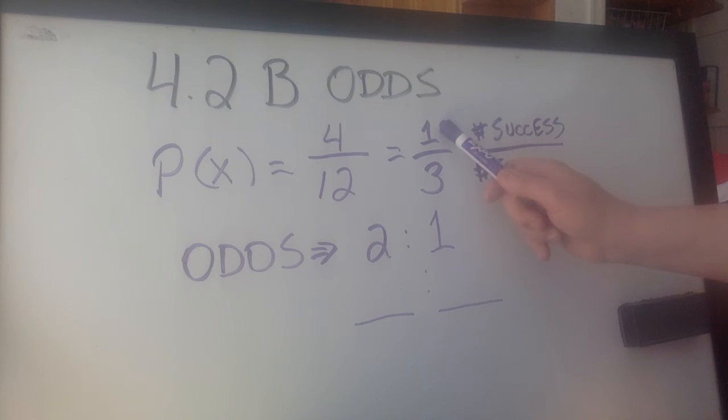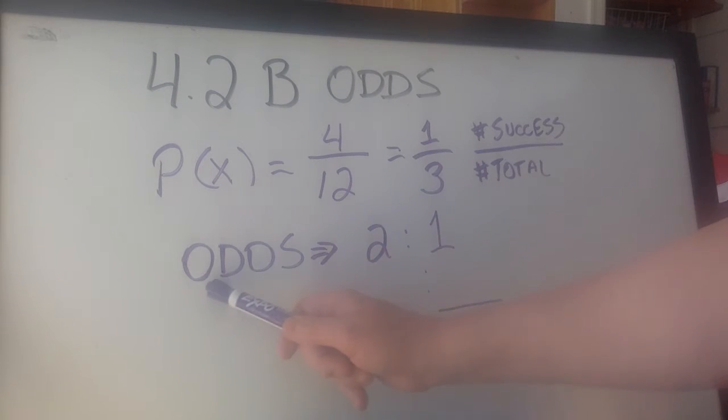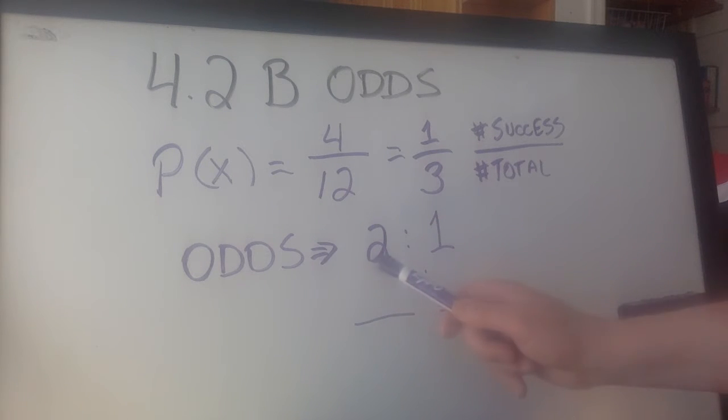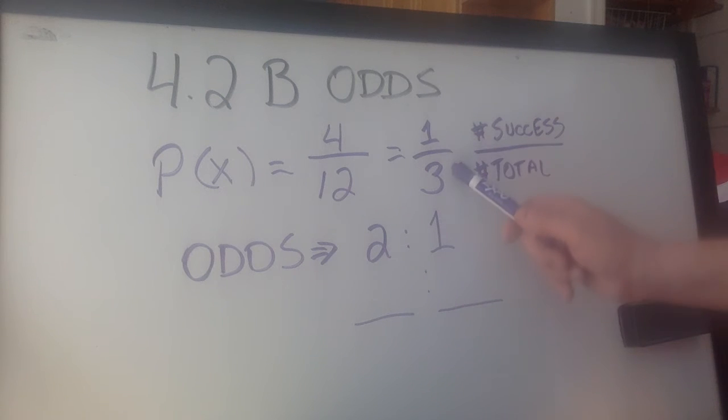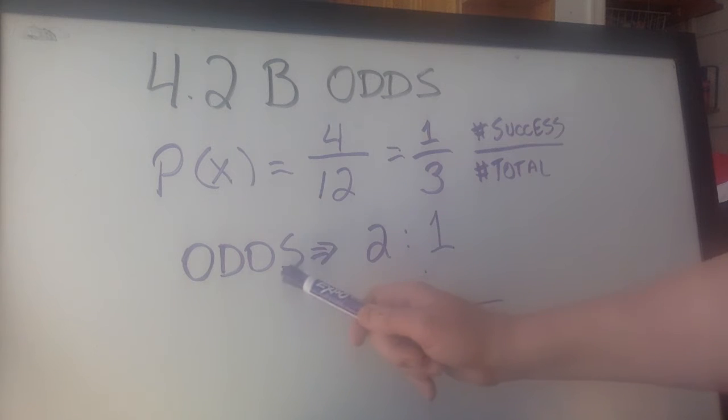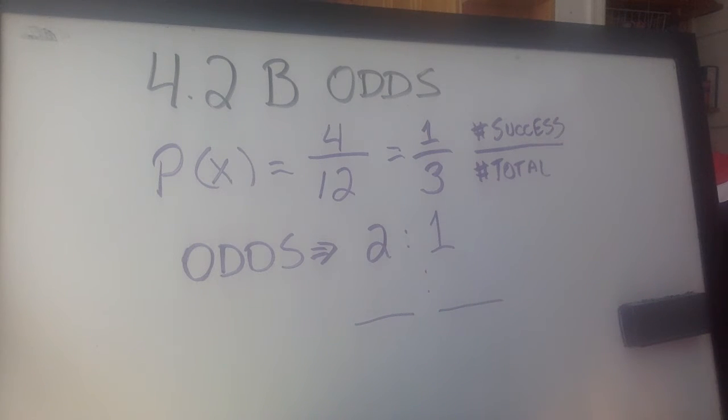So there's one success for every 3 tries. The odds in this case, though, are written out like this, which is 2 to 1.